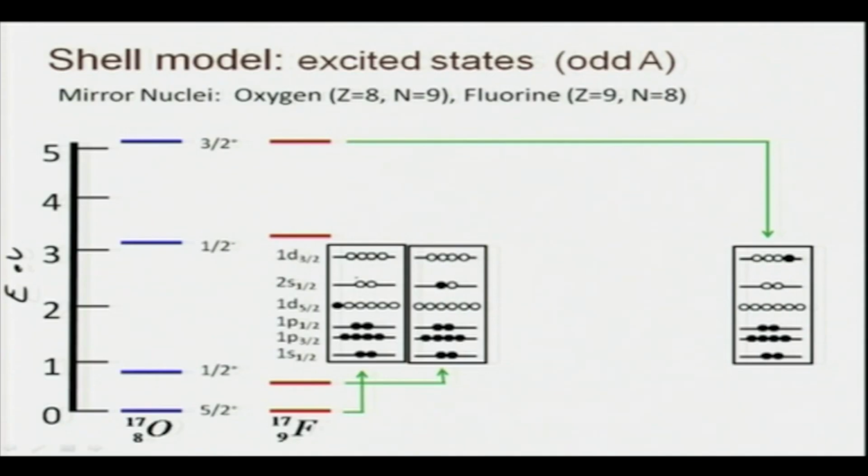We do not see that. We have I equal to 1/2 with even parity, that is already observed, but we do not have any other I equal to 1/2 with odd parity. So, what is the explanation that the shell model provides?